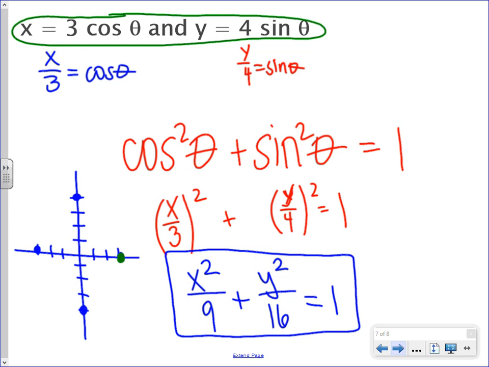If we then plug in pi over 2, x equals 3 times the cosine of pi over 2, y equals 4 times the sine of pi over 2. We're at this coordinate right here. They're going counterclockwise. I just plug those in because those are nice values to plug in. You can plug in pi over 4 if you want to, it's just not going to be a pretty number.